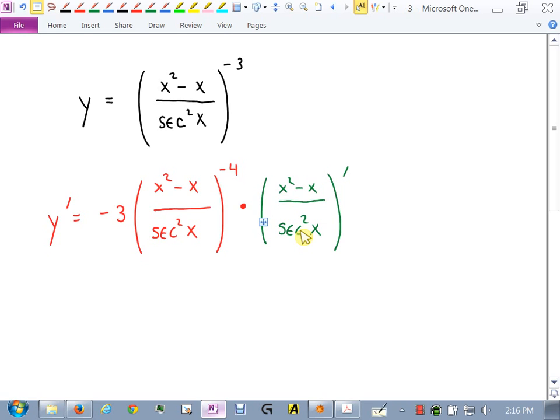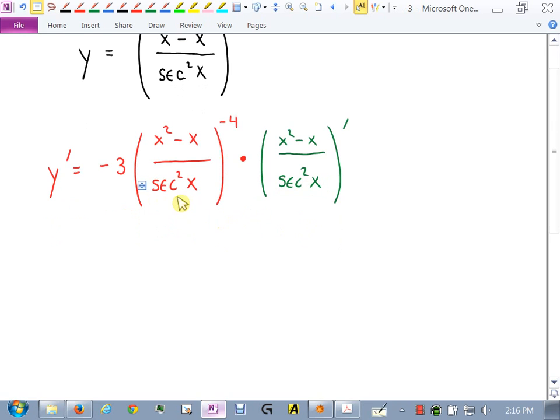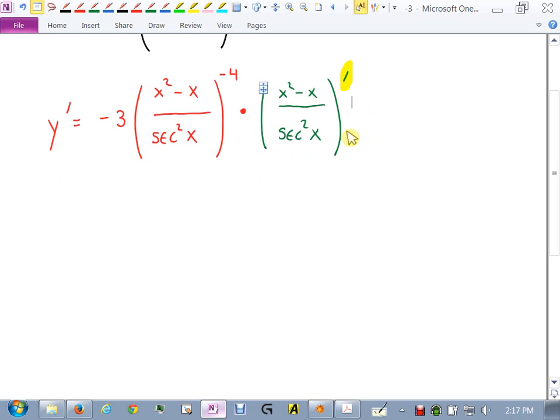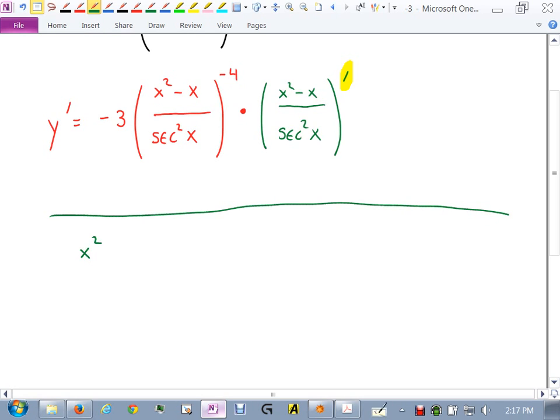Okay, so I'm going to keep going here. Does everyone understand what's in red is okay? That's part of our answer. What's in green needs to be figured out still, because I put the little prime mark on it, meaning I still need its derivative. So I'm going to draw a line real quick and act like this is the problem I started with: x squared minus x over secant squared x.